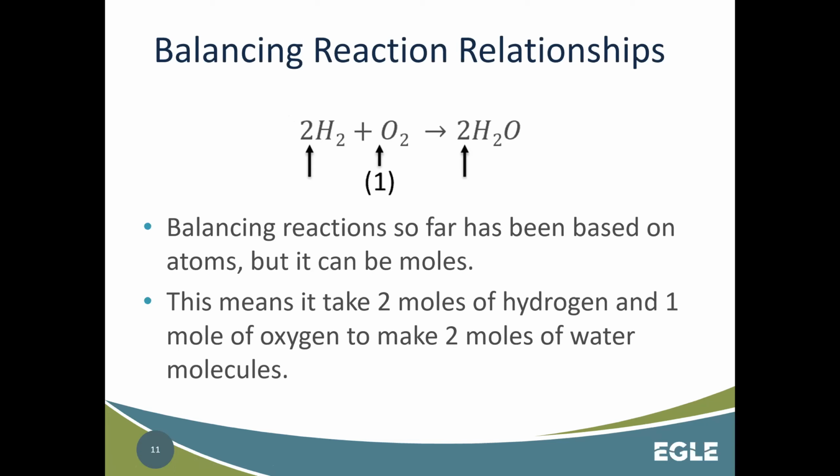Does that make sense? That number we put in there was actually representative of a mole. So we have 2 moles of hydrogen, 1 mole of oxygen, and 2 moles of water. And a mole is that 6.02 times 10 to the 23rd, and also 1 mole weighs 18.02 grams of water.